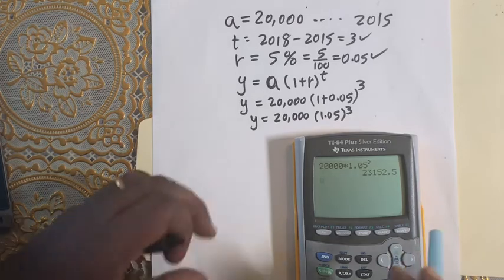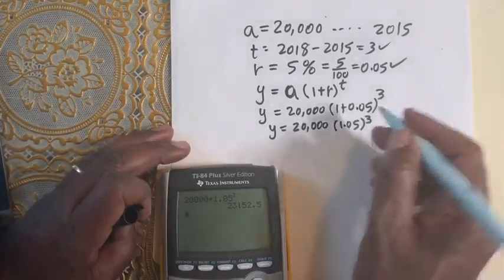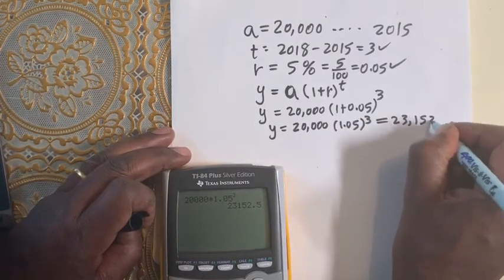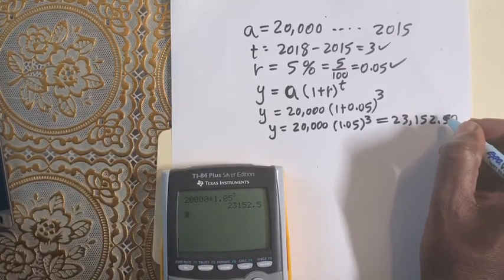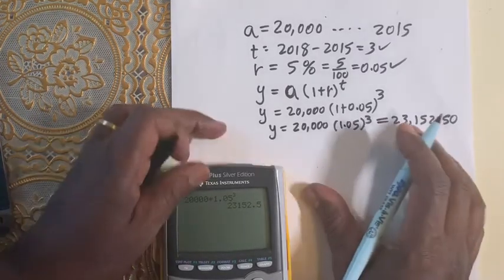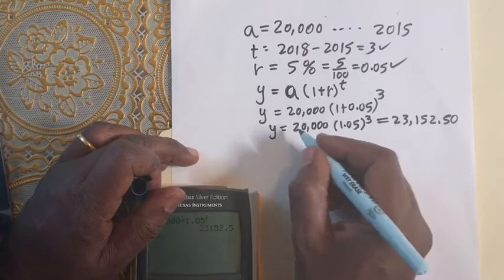In 2018, college fee would be 23,152.50. Okay, so the question was, for question A, how much was college tuition in 2018?